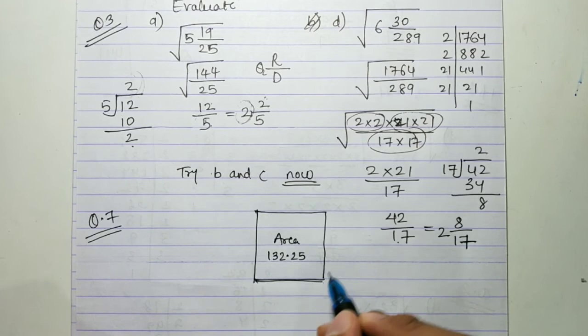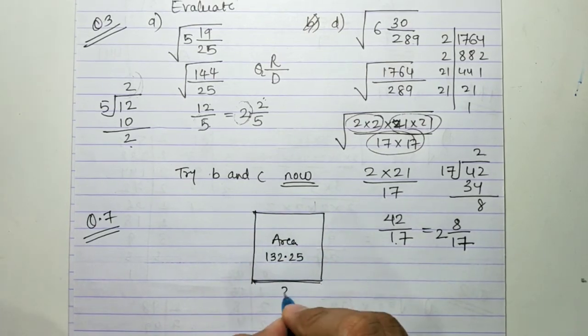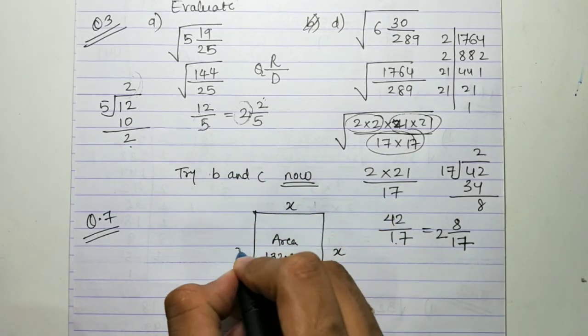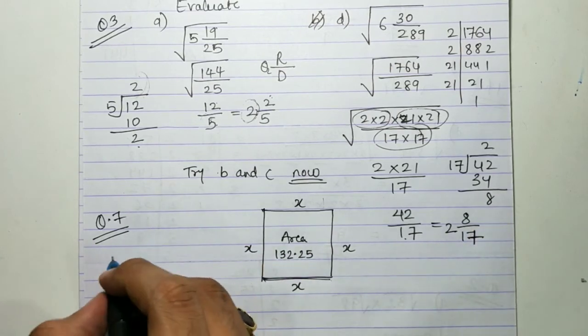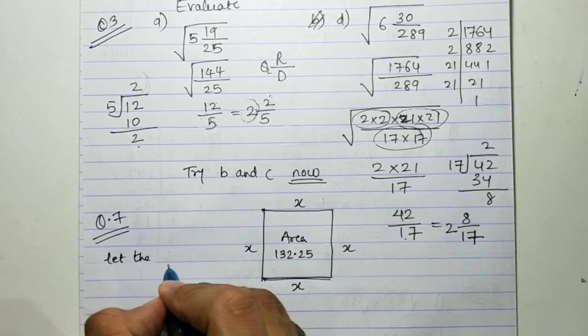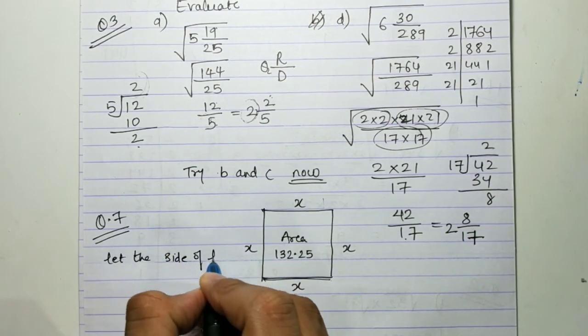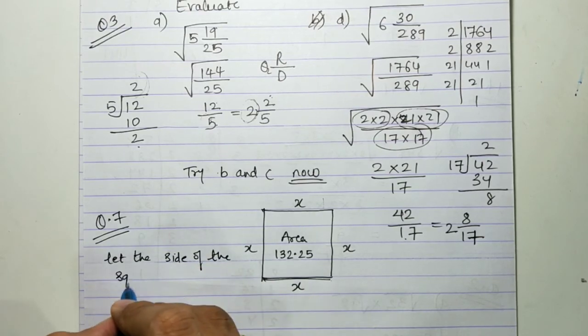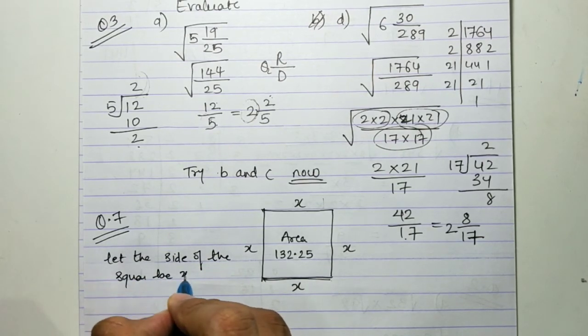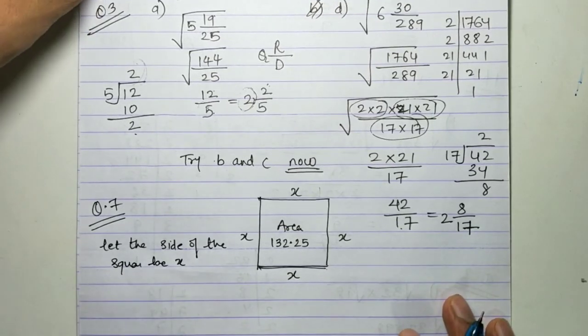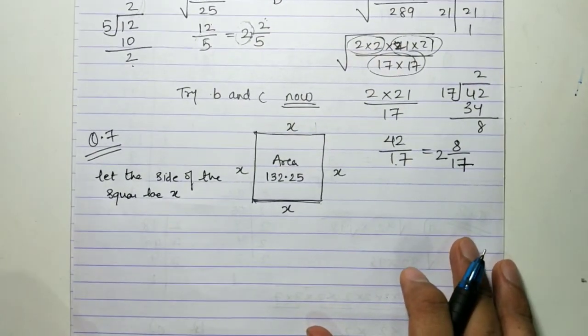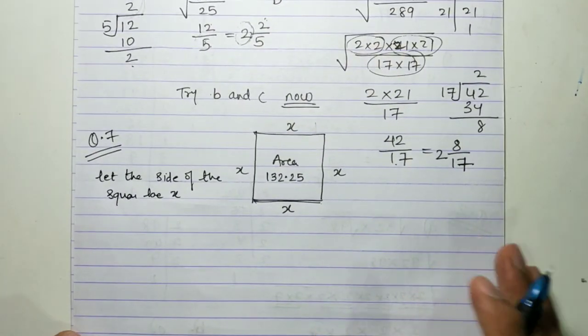We don't know the side of the field. Square means all sides are same. So let the side of the square be x. Let the side of the square be x.